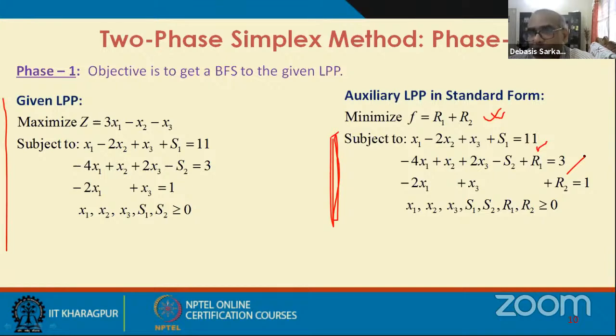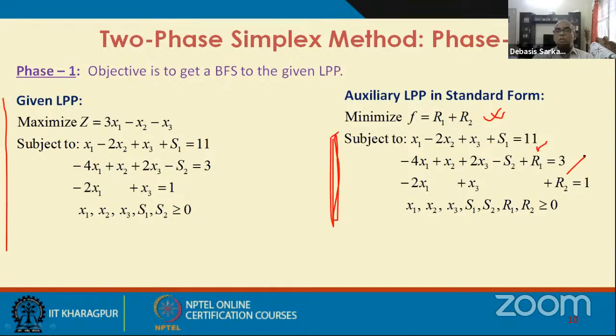If I introduce 5 artificial variables, you will minimize R1 plus R2 plus R3 plus R4 plus R5. So in phase 1, the auxiliary linear programming problem has the objective function: minimize the sum of the artificial variables introduced.